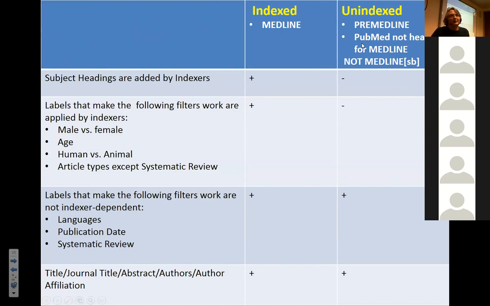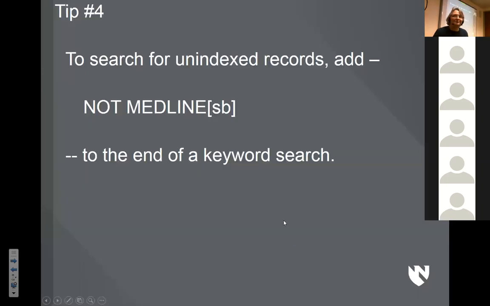When you want those records, you have to do a keyword search, and you have to remember not to limit to males or age or human versus animals, and not to limit to any article type except systematic review. But fortunately, they do have the language indicators in those unindexed records. You've got publication dates, you can use the systematic review limit, and you do have some of those keywords in the title, journal title, and abstract. And you can limit it to that subset.